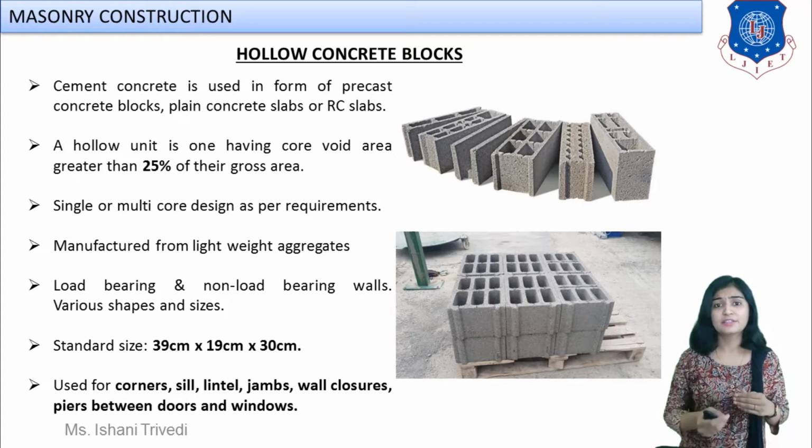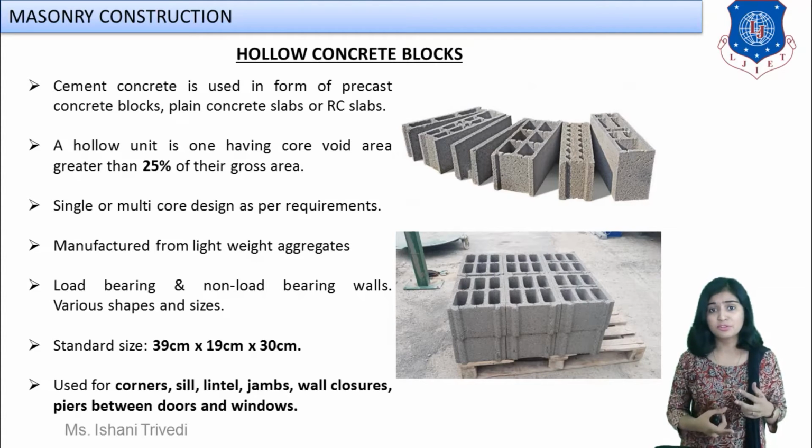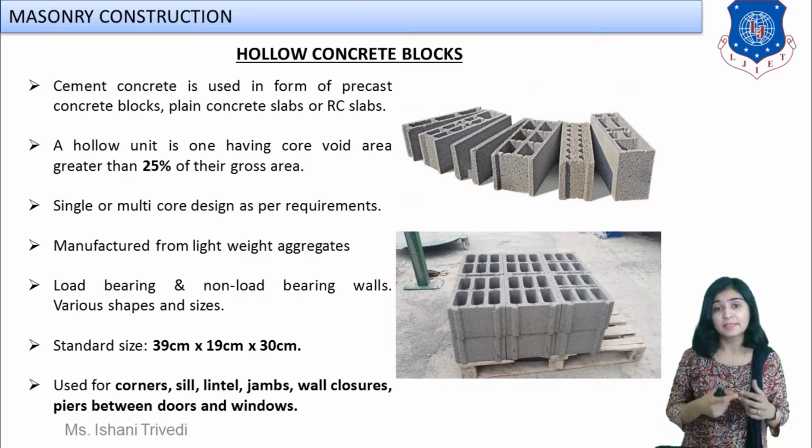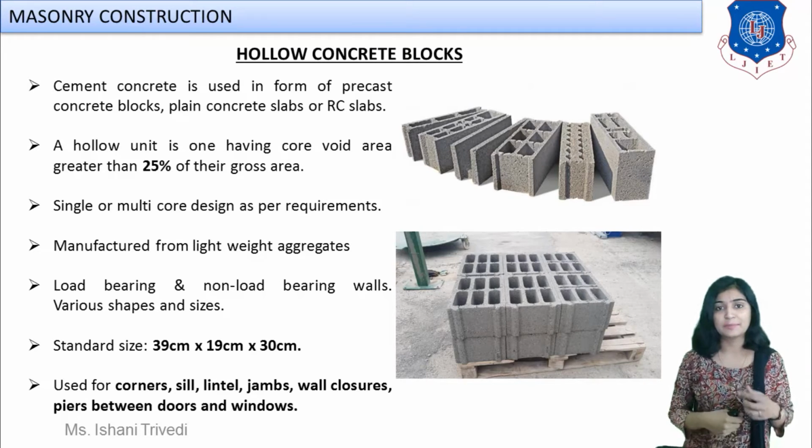So these are the uses of hollow concrete blocks. Because of the concrete material, all the advantages will be obtained, and you can make them in different shapes, square, rectangular, circular or bullnose, rounded, depending on the shape of your lintel or jambs.